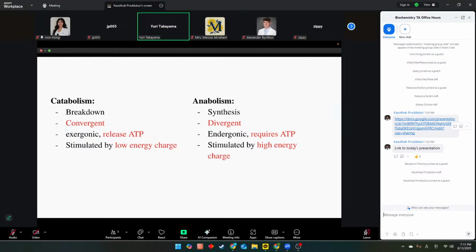And when there's too much ATP around, catabolism is suppressed, meaning it's stimulated by low energy charge but suppressed by high energy charge. And anabolism is basically the opposite of it. It's the synthesis process, divergent, and it requires ATP and is stimulated by high energy charge.